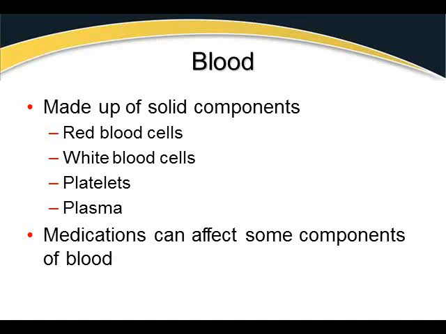So plasma is more like the soup of the whole thing. It's the broth in the soup, and plasma, if you want to take a moment and remember, is water with proteins in it. So it's a thicker broth than just plain water.